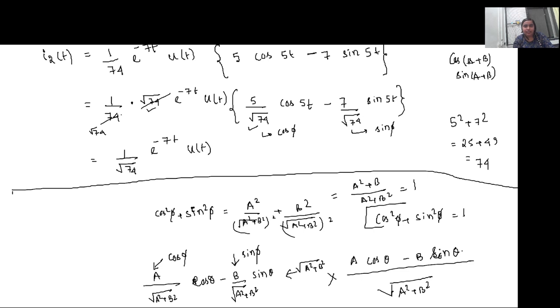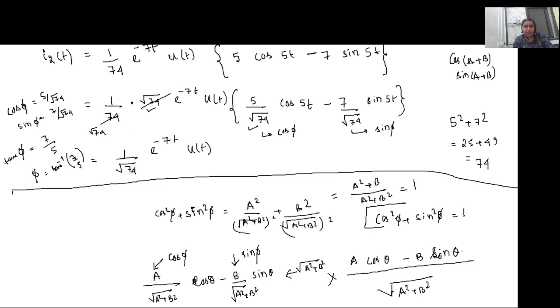So we take cos phi to be 5 by square root of 74 and sin phi equal to 7 by square root of 74. So how can we calculate phi? Tan phi is sin phi by cos phi, so it is 7 by 5. So phi is tan inverse of 7 by 5.